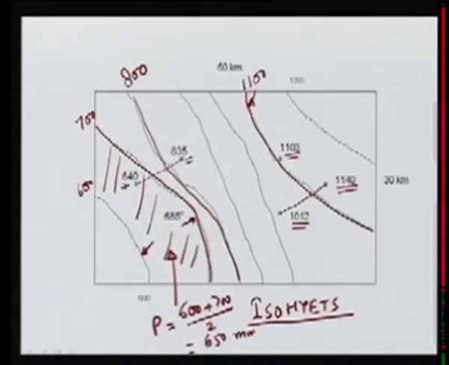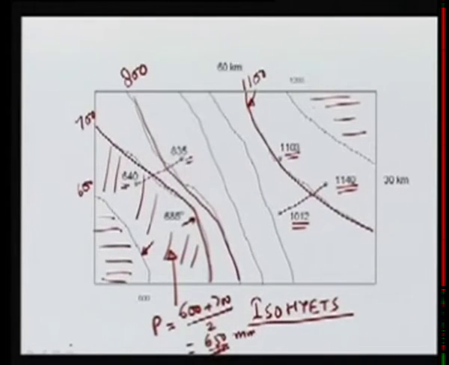So we can say that in this shaded area the rainfall is equal to 650 millimeters, and then we multiply 650 with this area. Similarly, in this area we can say that the rainfall is, let's say, 550. Similarly here we can say 1250.